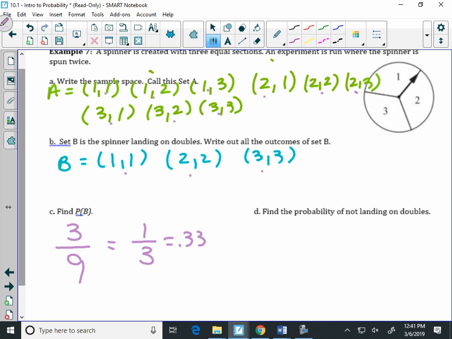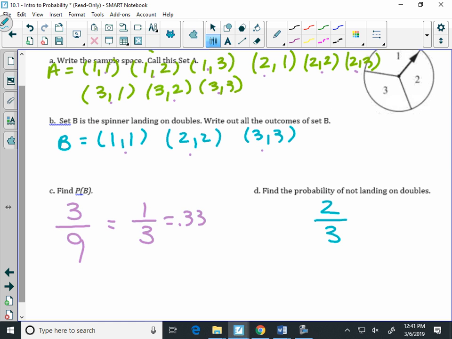Okay. Well, what's the probability of not landing on doubles? 2/3. There's multiple ways of thinking about it. One is that it not happening means complement.